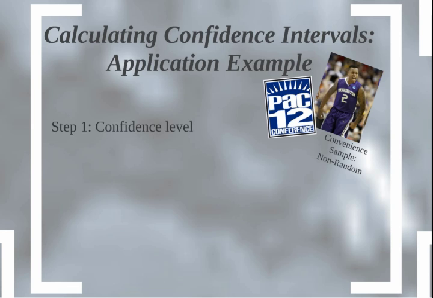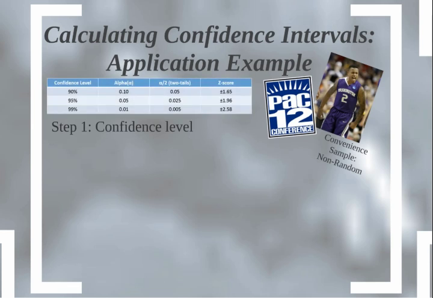So step one, we need to identify our confidence level. Again, I'm going to use the 95% confidence level with a z-score of 1.96. This will help me calculate my confidence intervals. Step two, we need to calculate the upper and lower limits.